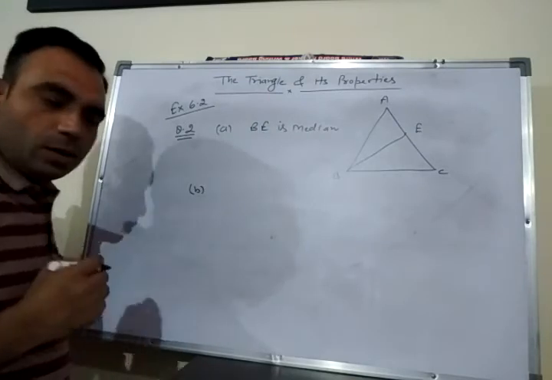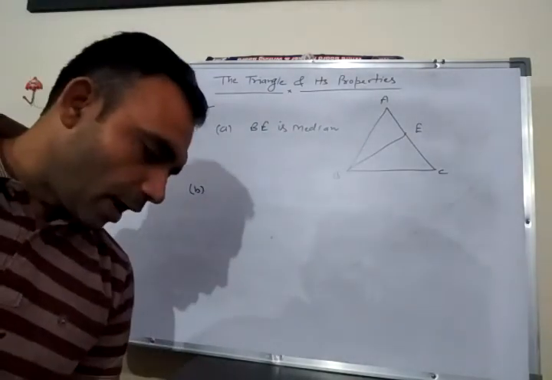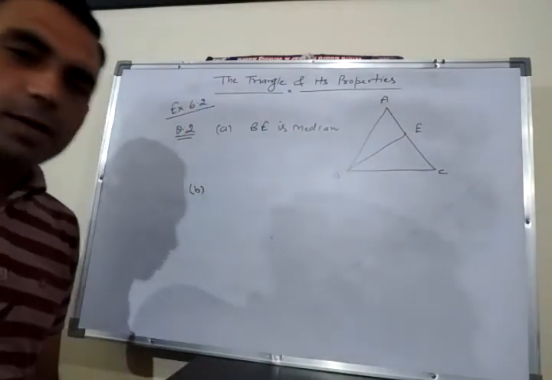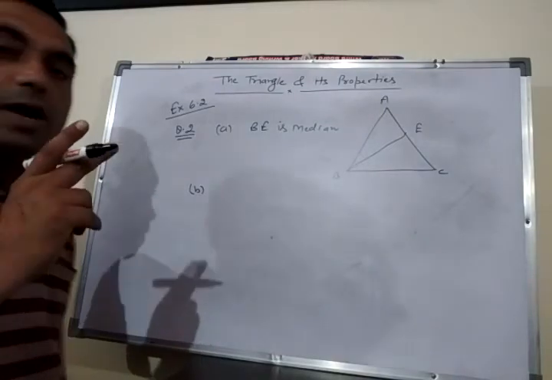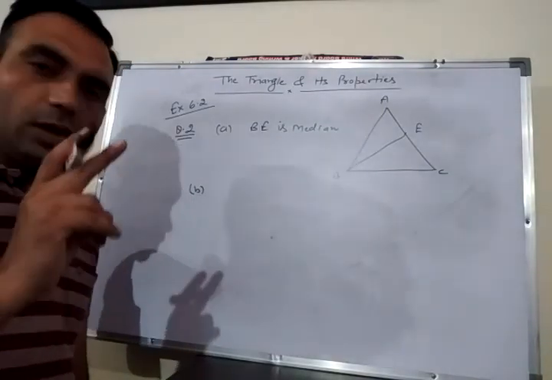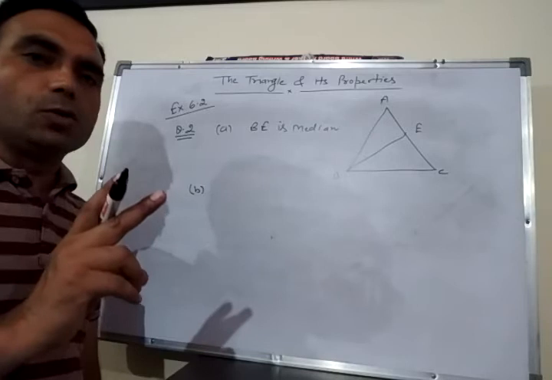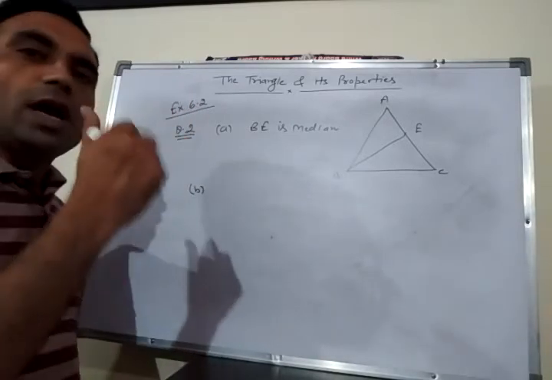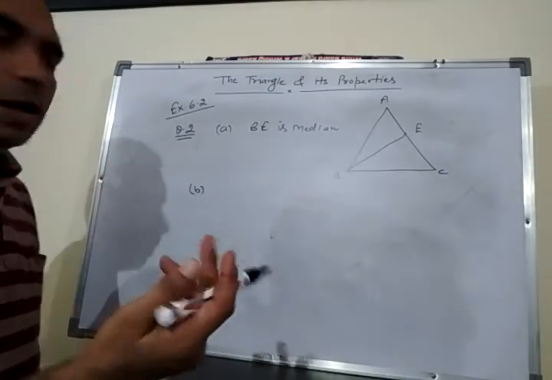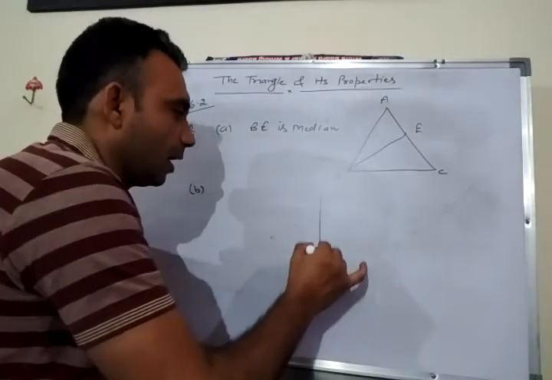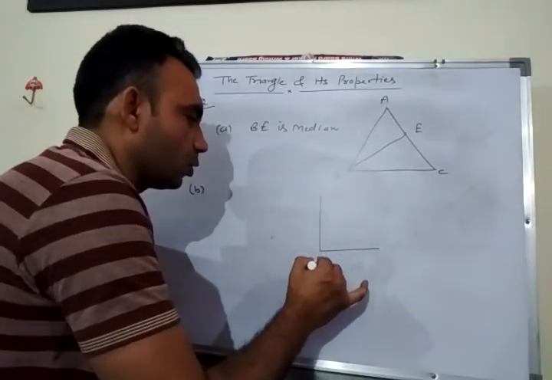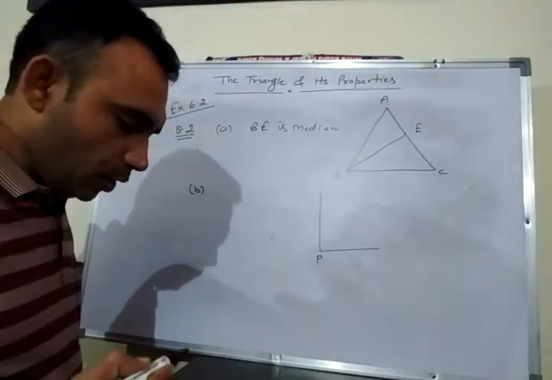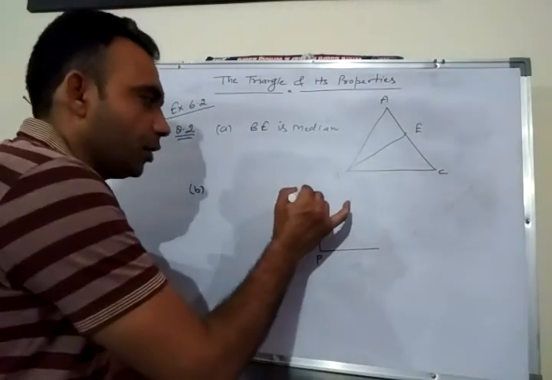Part B. In triangle PQR, PQ and PR are altitudes. We have to draw a triangle in which there are two altitudes. This implies both are perpendicular to each other. So we have to draw a right triangle where point P is common and PQ and PR both are altitudes.